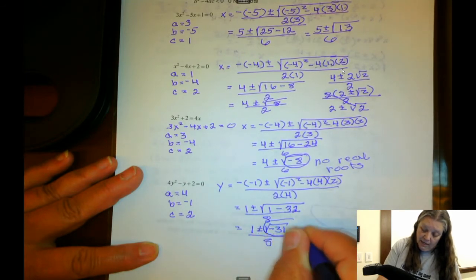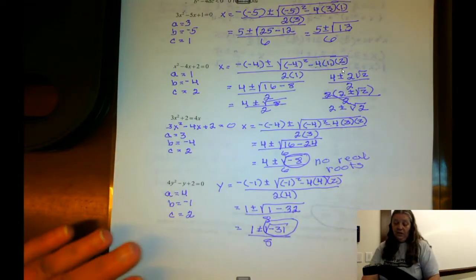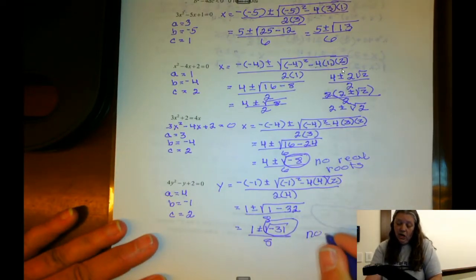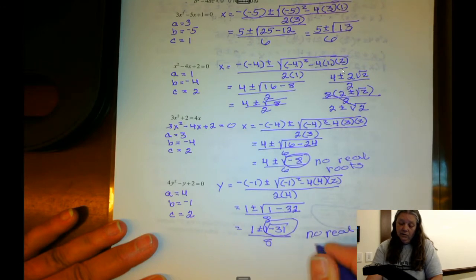Again, we can't take the square root of -31, so our solution is no real roots.